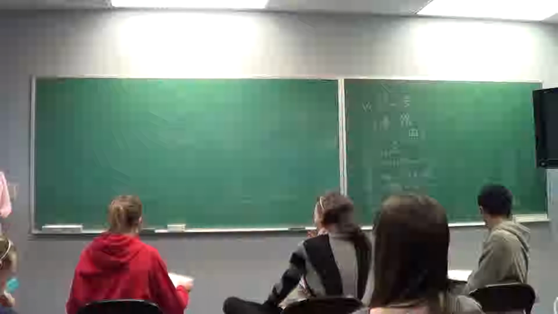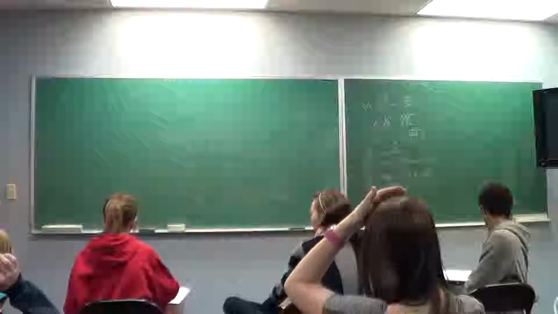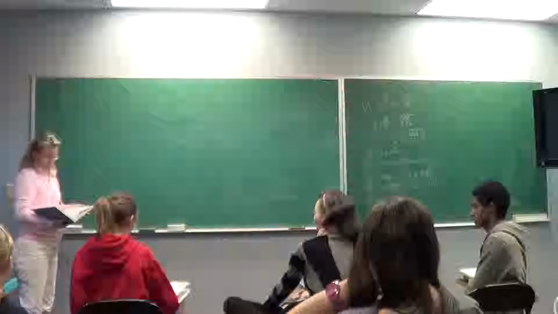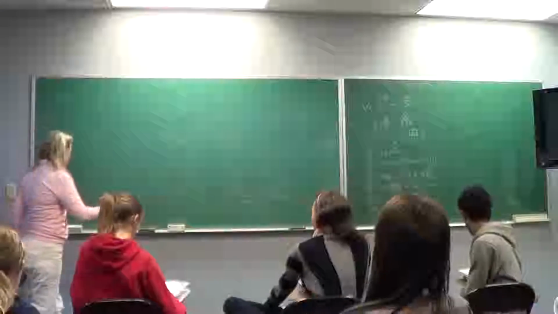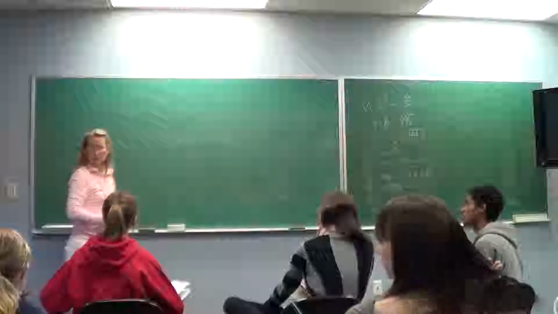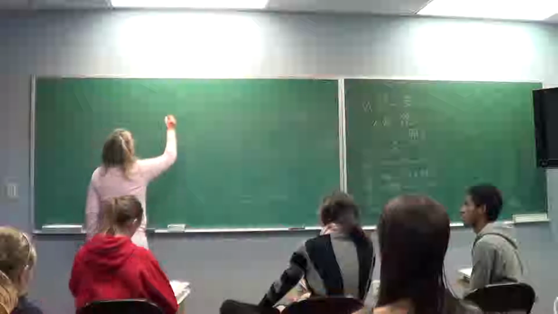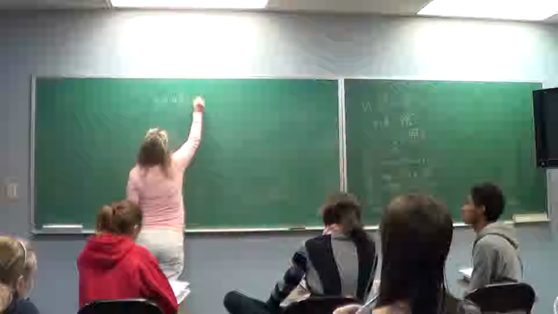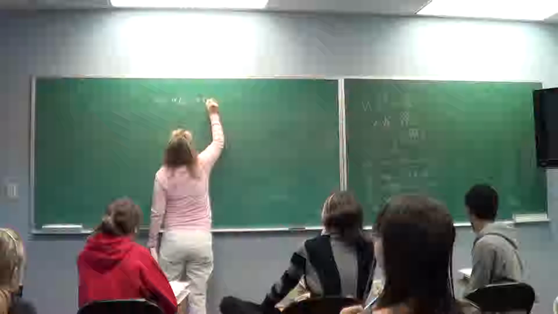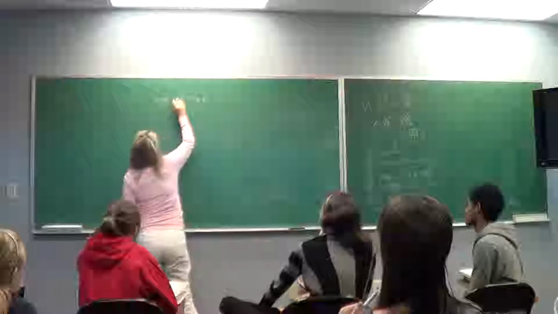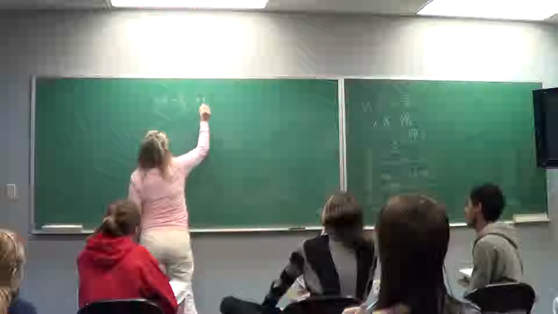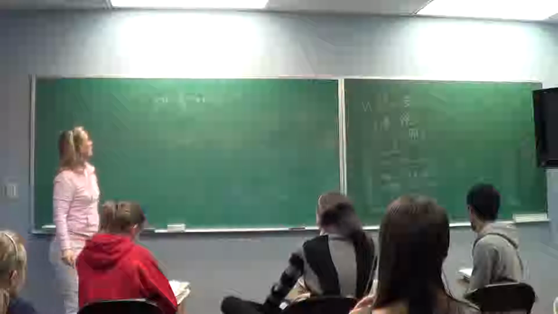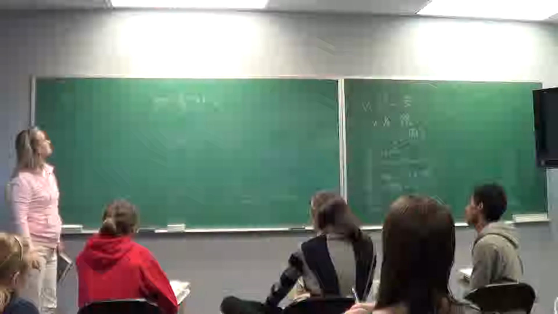Number 13, carbon monoxide burns in oxygen and forms carbon dioxide. Before we can do anything, we have to write the formula. That formula is CO plus O2 yields CO2. Then we have to figure out the correct coefficients.